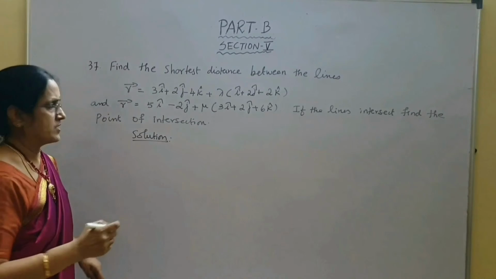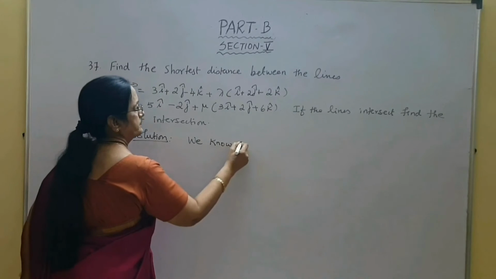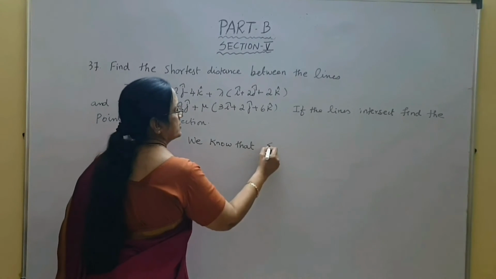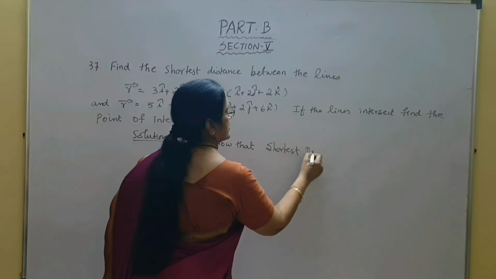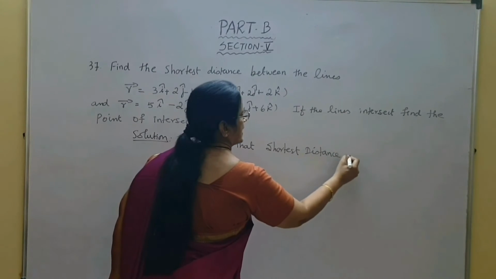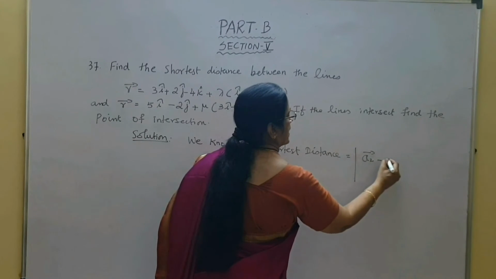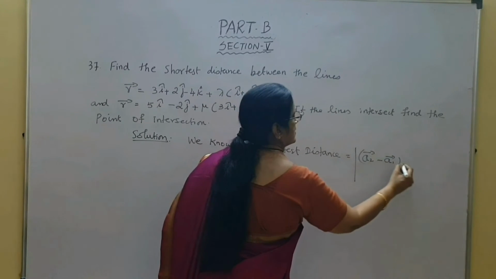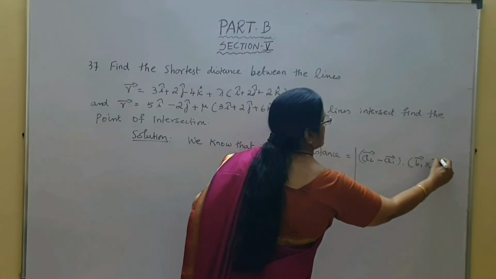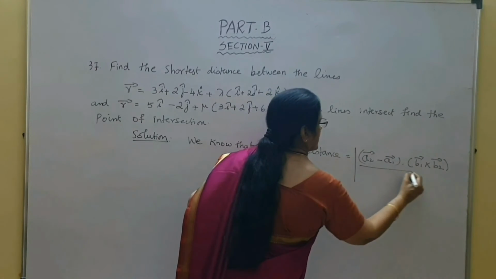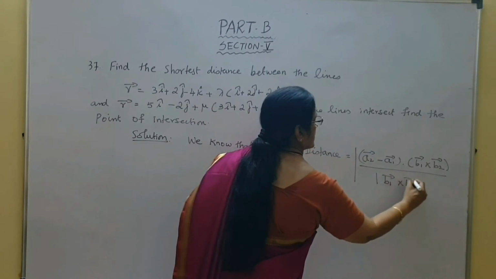First, let me write the formula for shortest distance. We know that the shortest distance between the lines is equal to magnitude of vector A2 minus vector A1 dot vector B1 cross vector B2, divided by magnitude of vector B1 cross vector B2.